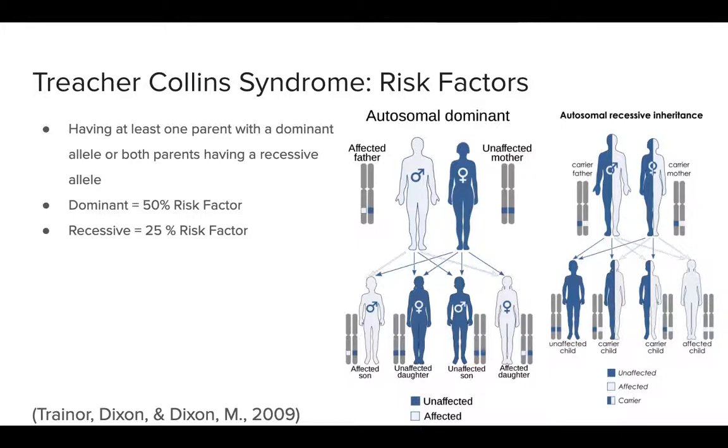So for a dominant, you have a 50% risk of receiving those alleles, or recessive, you have a 25% risk of obtaining those alleles. And then on the screen, I just have some references of autosomal dominant and autosomal recessive characteristics about how things are passed. So just a little review if you need it.